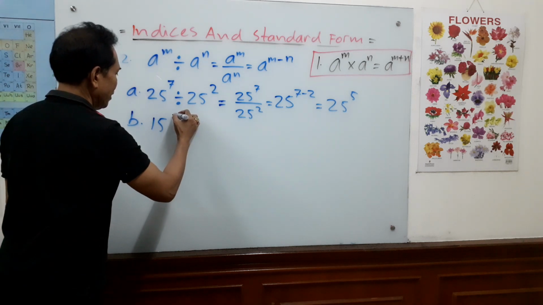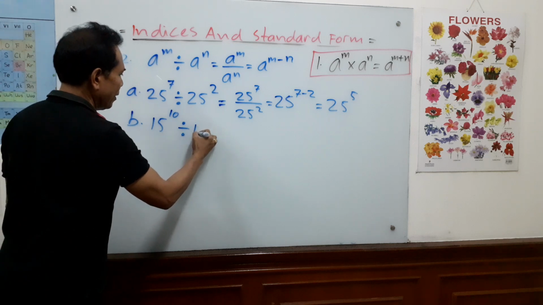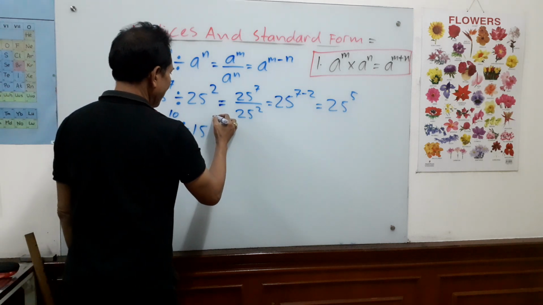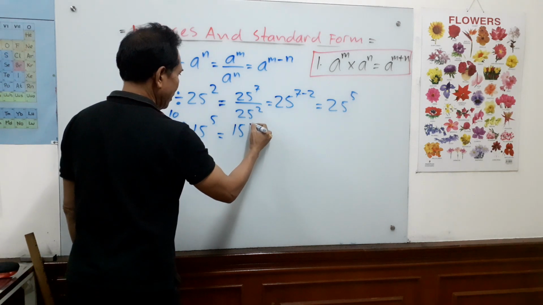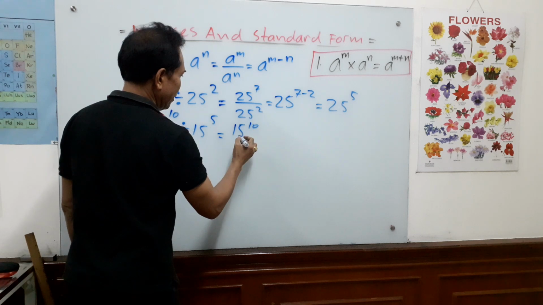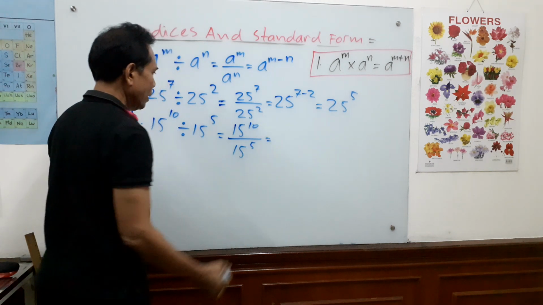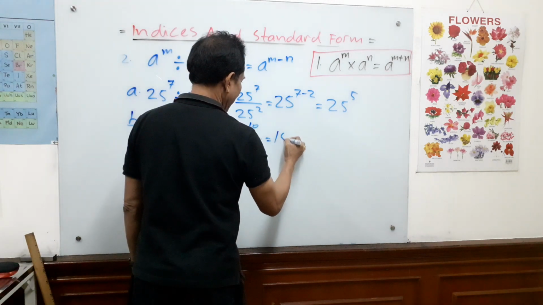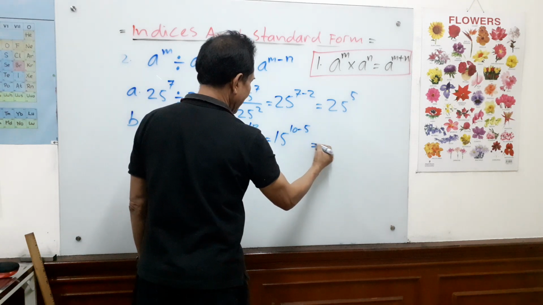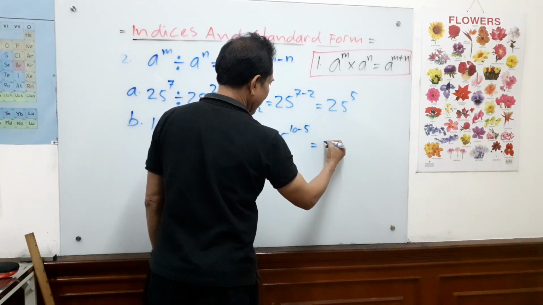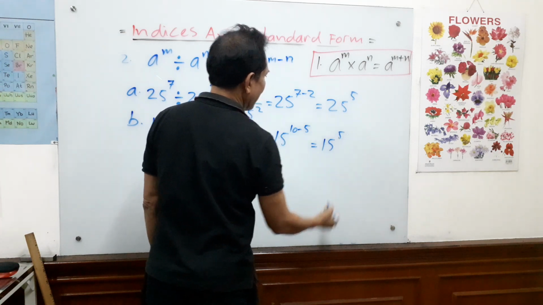15 power 10 divided by 15 power 5 equals 15 power 10 over 15 power 5 equals 15 power 10 minus 5 equals 15 power 5.